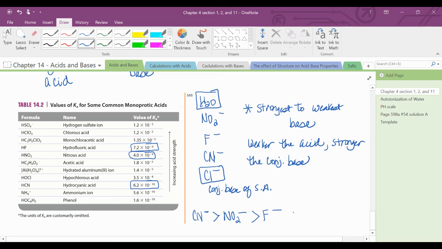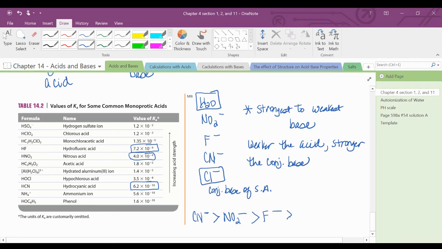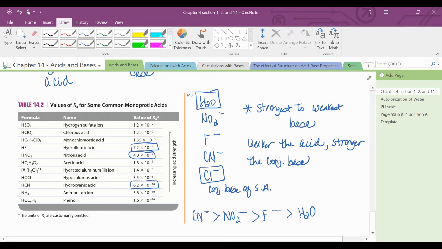Okay. All right, so water would come next because it's in between those weak acids and strong acids, sorry. And so then the chloride ion would go last. Okay, so I would give you the table of Ka values so that you have it. You're not going to need to memorize Ka values.